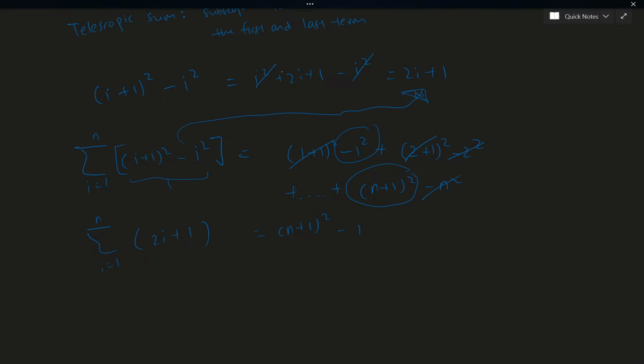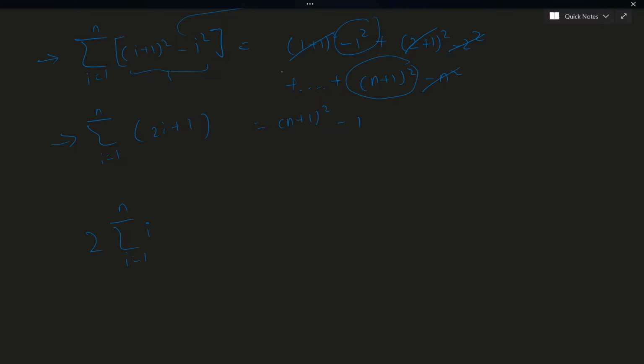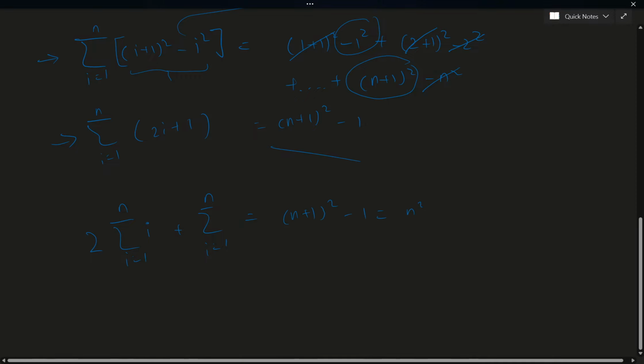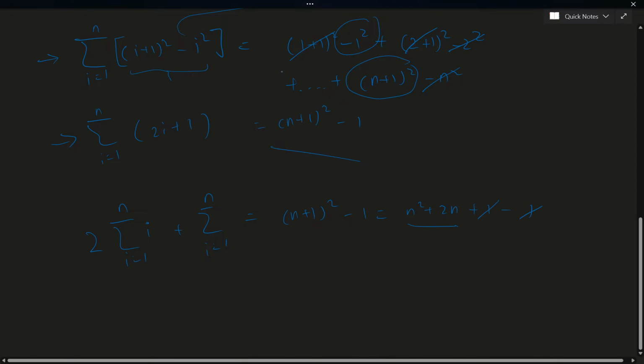These two are the same thing. I'm going to rewrite it as this plus this, which equals n plus 1 squared minus 1, which is also n squared plus 2n plus 1 minus 1. These will cancel out, leaving us with this.